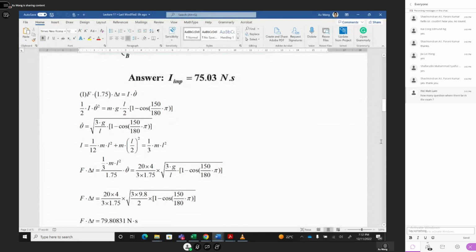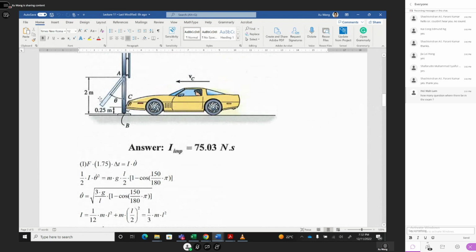Now I prove this I equals 1/3 of L square. Going to the center of gravity, the bar's rotational inertia about its center is 1/12 ml square, plus m times the distance half of L squared, which is 1/4.